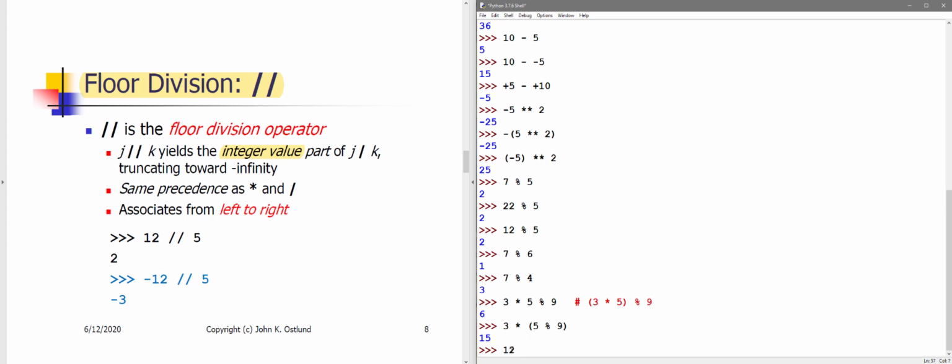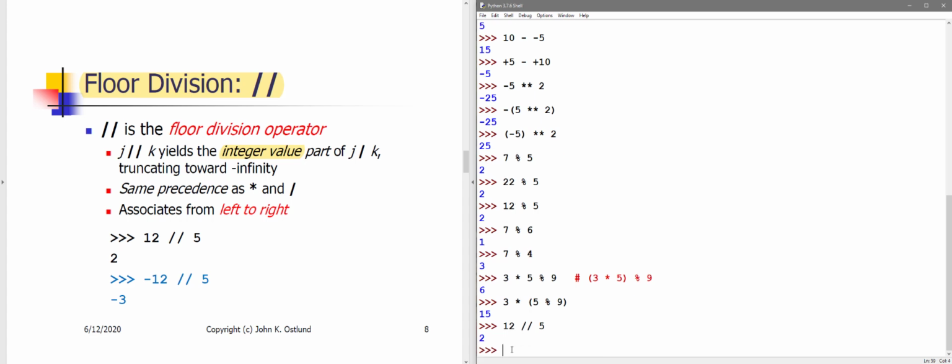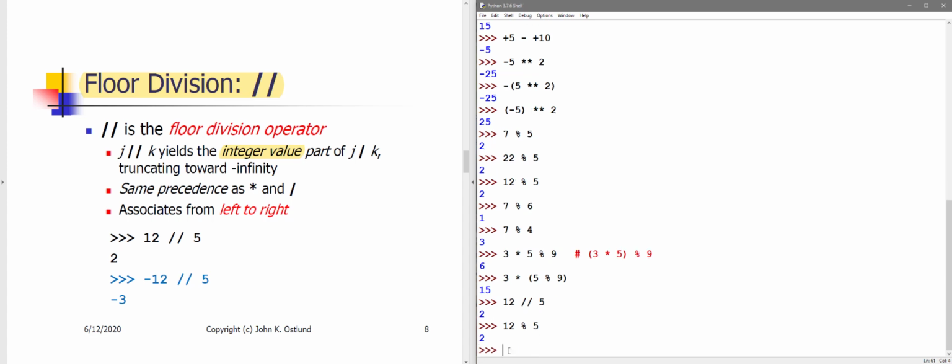If I say 12 floor divide by 5, well, 5 goes into 12 2 times with a remainder of 2, and I get the 2 that 5 goes into 12 by. That's not necessarily such a wonderful example, because 12 modulus 5 is also 2.